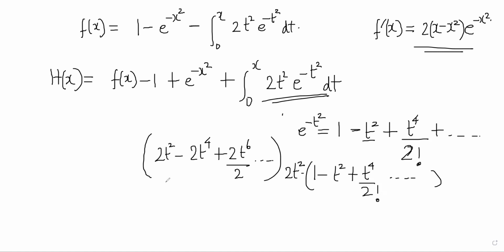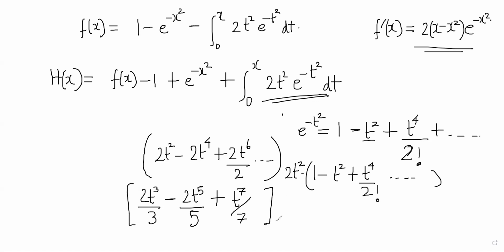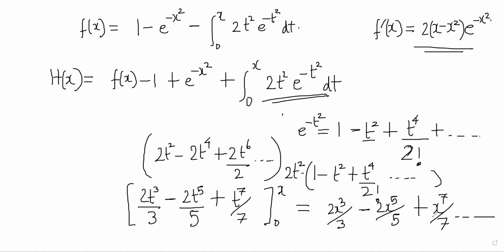So the integral of this, if we do term by term integration, we will get 2t cube by 3 minus 2t power 5 by 5 plus t power 7 by 7, right? And if you evaluate it from 0 to x, you will get 2x cube by 3 minus 2x power 5 by 5 plus x power 7 by 7 and so on. This is an infinite series, I understand that, but if your x is less than 1, these terms will become very small, right?